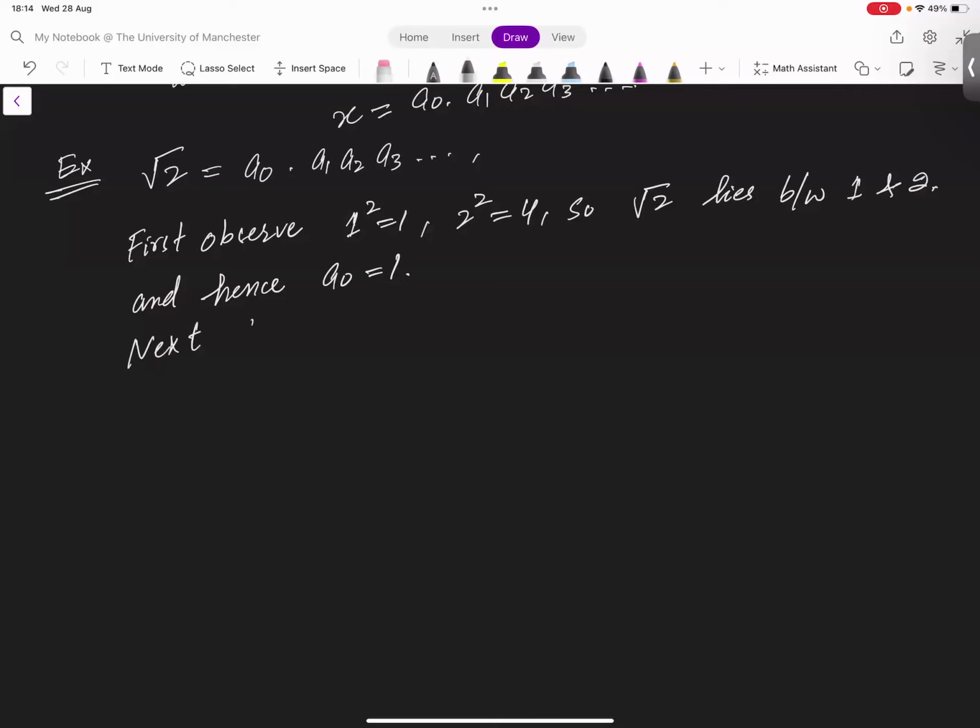Next, 1.4 squared is 1.96, while 1.5 squared is 2.25. So a1 is 4.